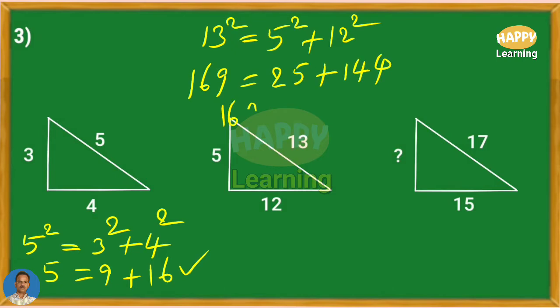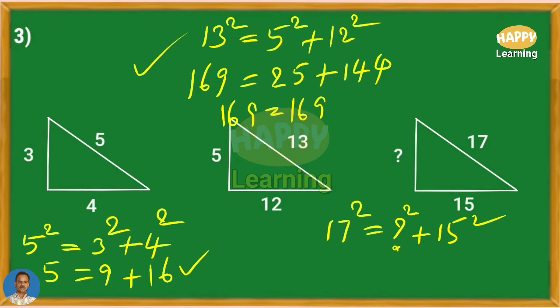So 169 equal to 169. So condition satisfied. That means these diagrams are following Pythagoras theorem. Then applying to the third diagram, 17 square equal to question mark square plus 15 square.